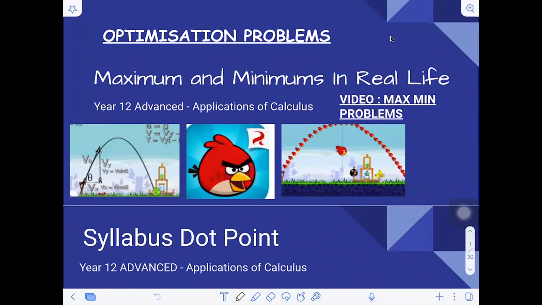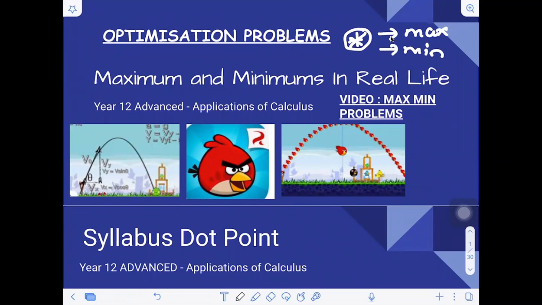Okay, so first of all, what I'm going to do is look at some optimization questions and talk about what optimization is. Optimization is just being able to work out a maximum or a minimum in a real life problem.